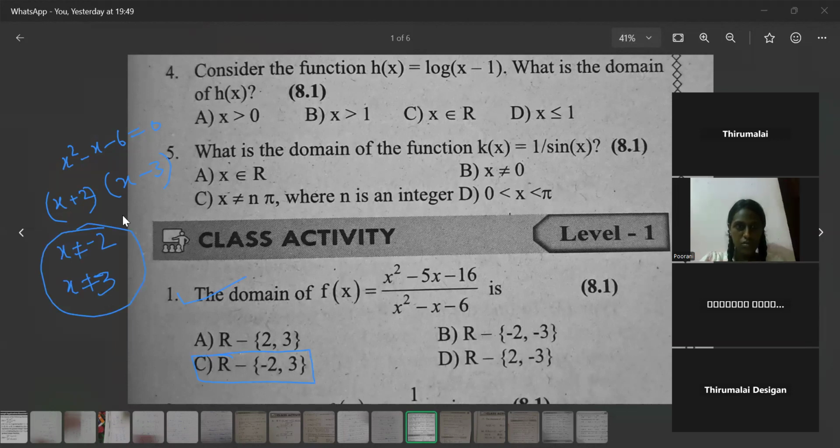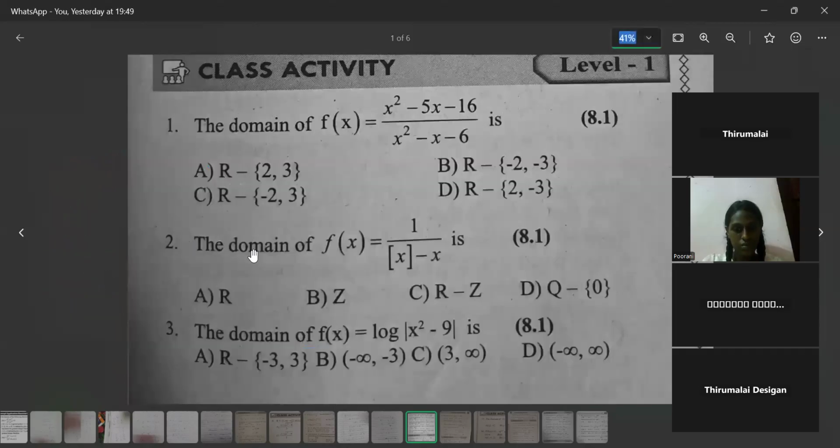Next. This domain, second question. 1 upon box x, R minus something.